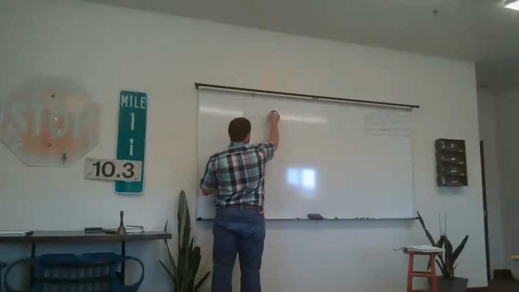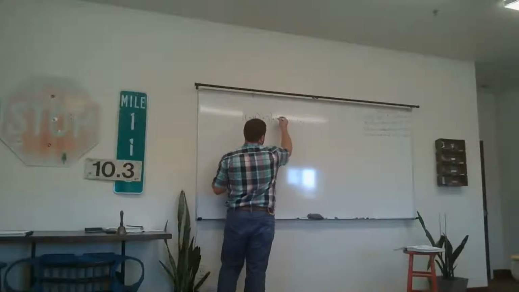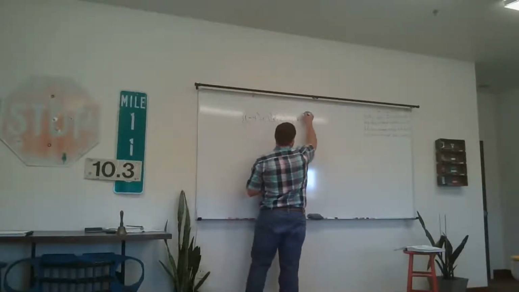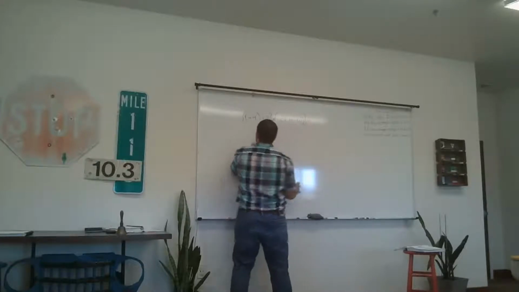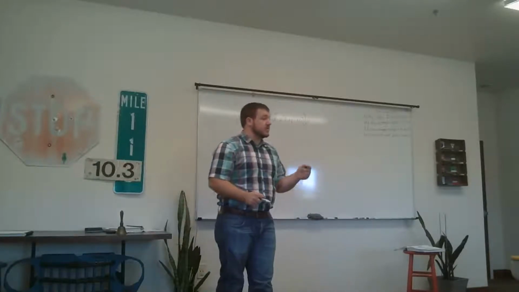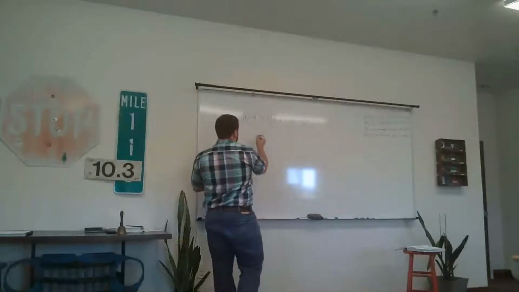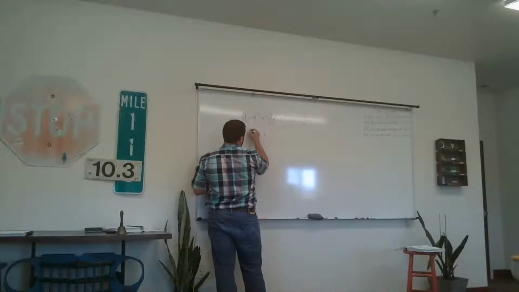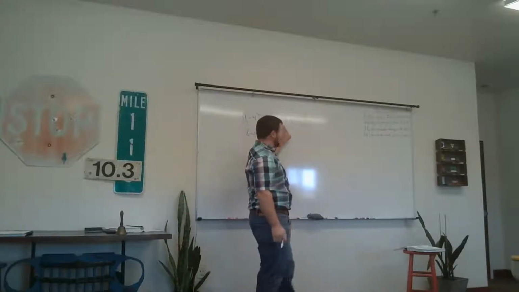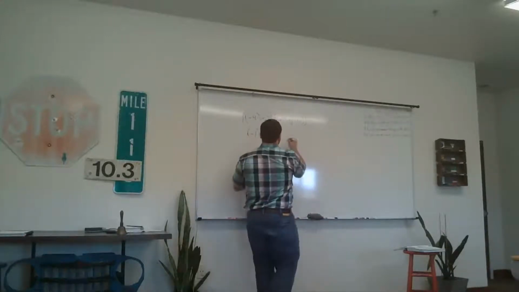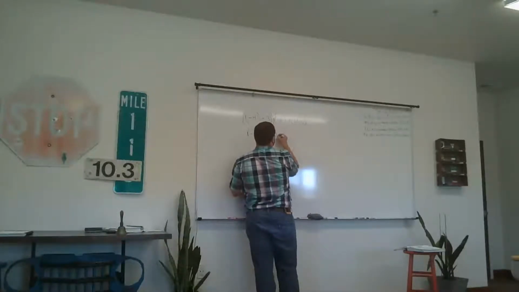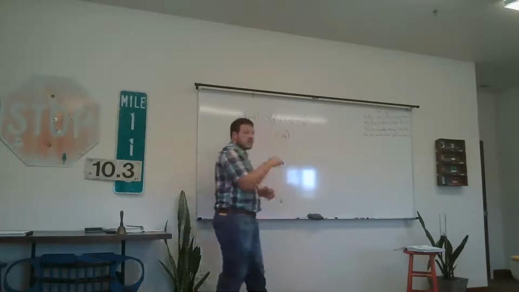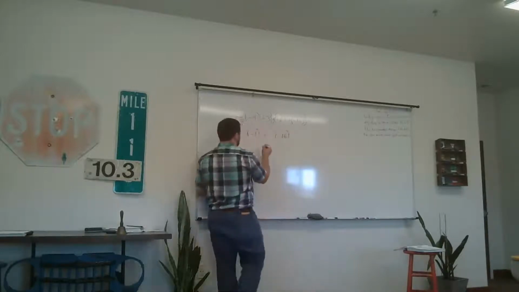We can actually set these up in two groups if we wish. Simplify the first group. -4 plus 3 is -1, and we just pull down this. And what do we got here? -16. And then we simplify them further and we get -17.